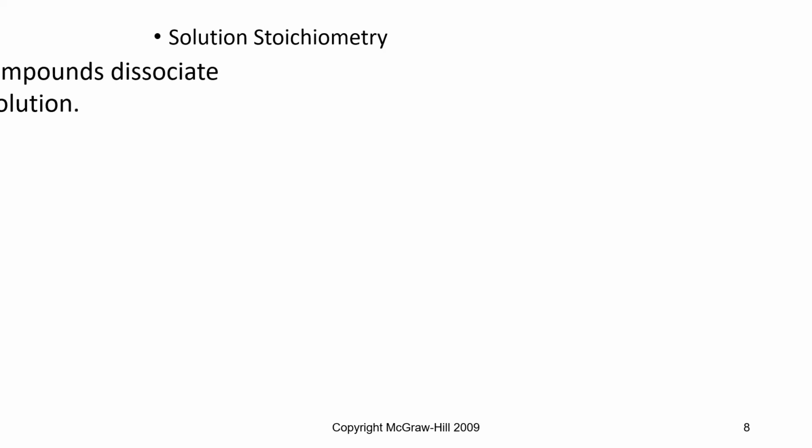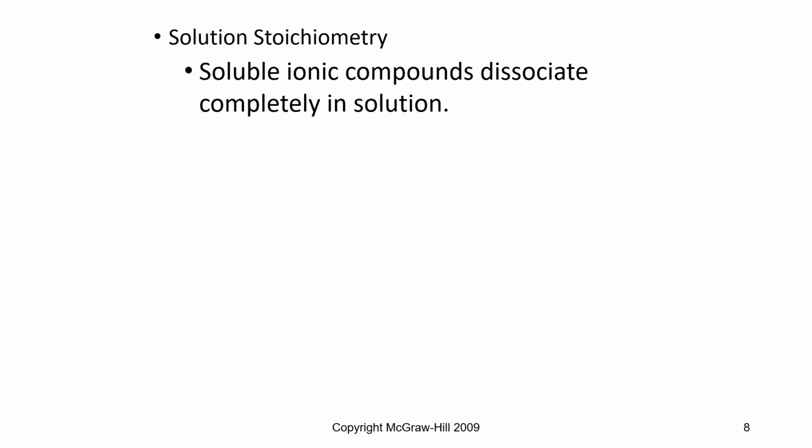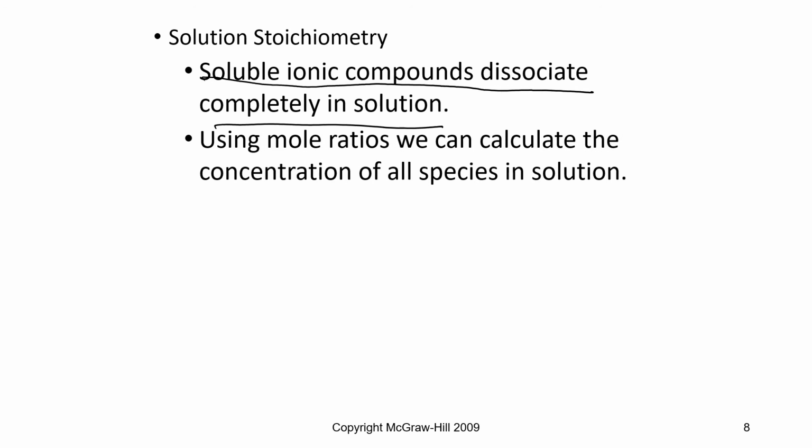So solution stoichiometry. We've talked about electrolytes. They dissociate 100% in solution. So soluble ionic compounds completely dissolve in solution. And by using mole ratios, we can calculate the concentration of all of those ions in solution.